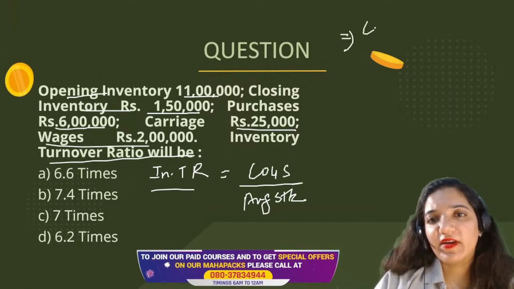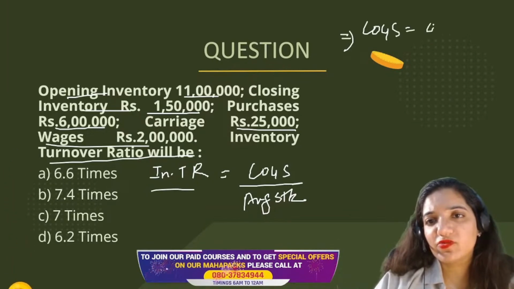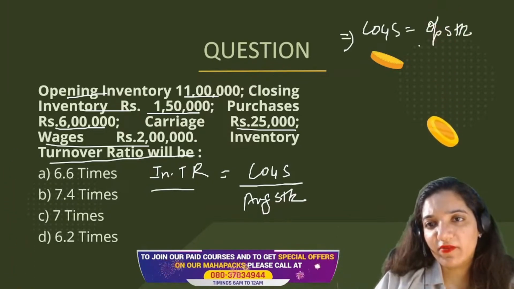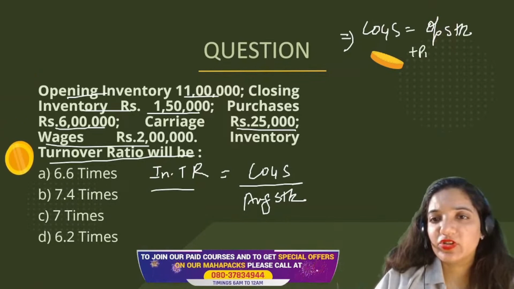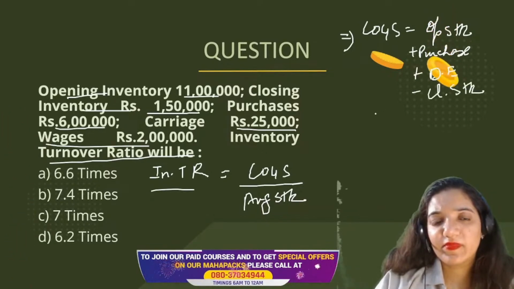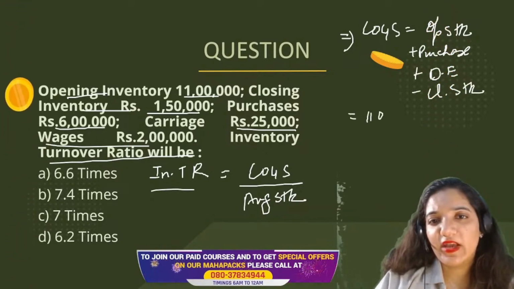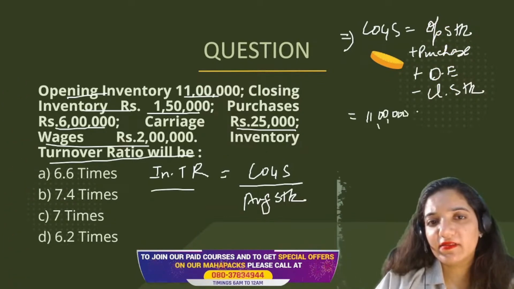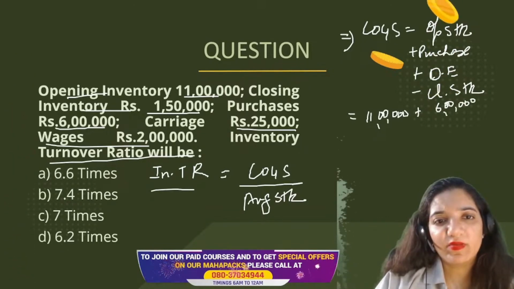When we are trying to find the COGS, the formula is opening stock plus purchases plus direct expenses minus closing stock. So in this case, what do we have? 11 lakh plus 6 lakh, opening stock plus purchase.